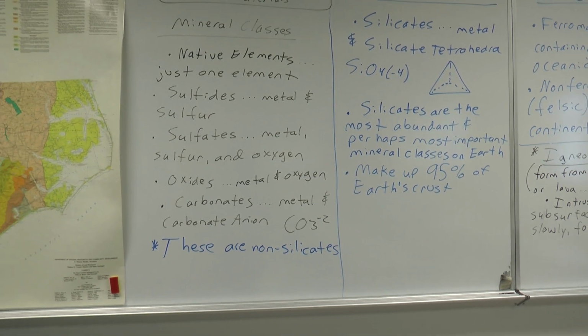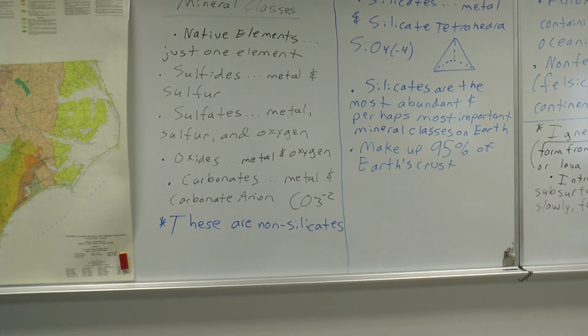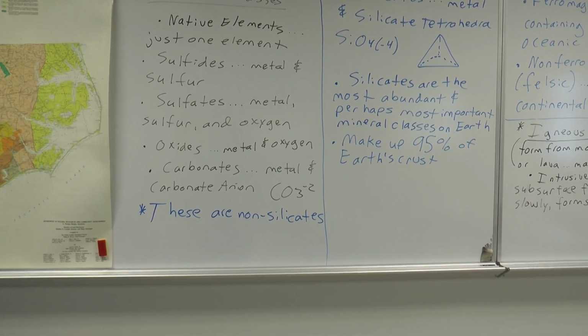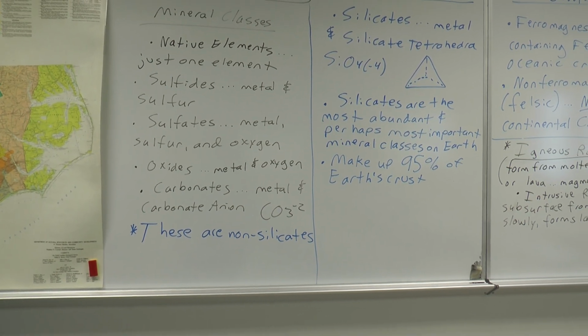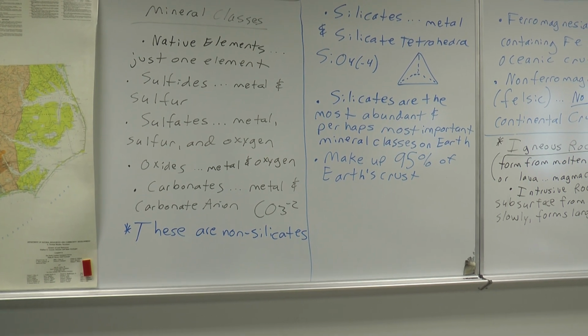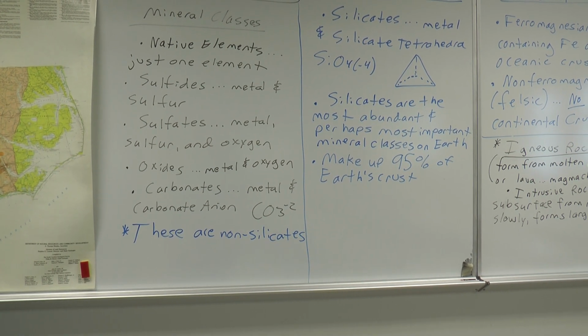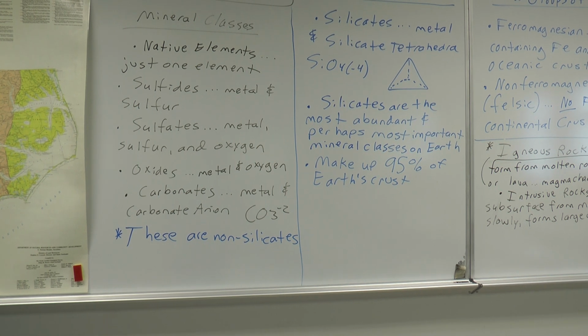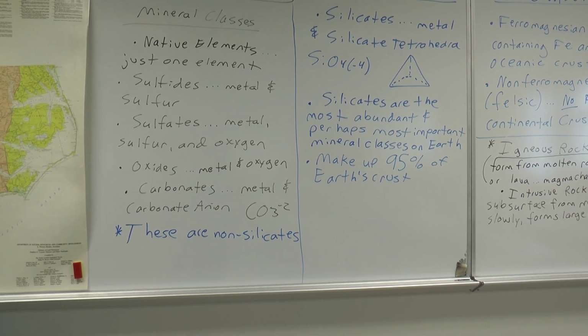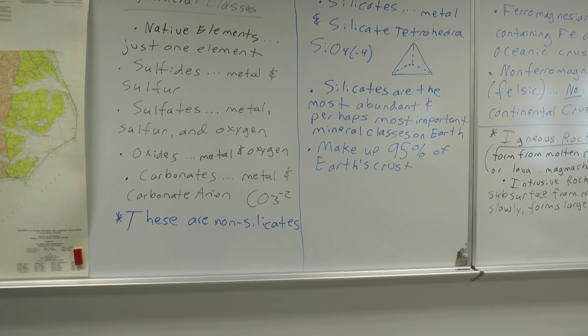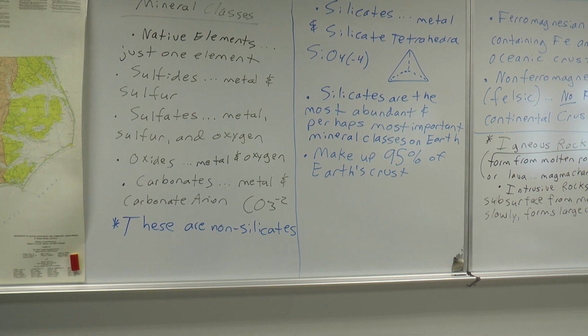Of course, as long as we've had humans, we haven't necessarily had documentation all that long. So the carbonates are going to consist of a metal, like say calcium or magnesium, and the carbonate anion, which is CO3 with a -2 charge. A great example of carbonates would be limestone, which is calcium carbonate, CaCO3.